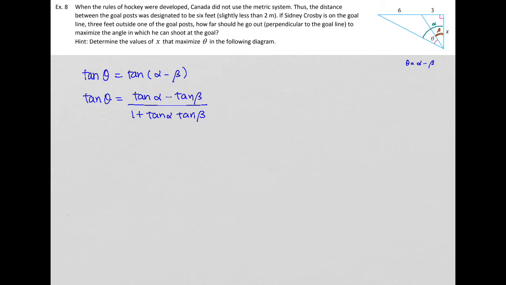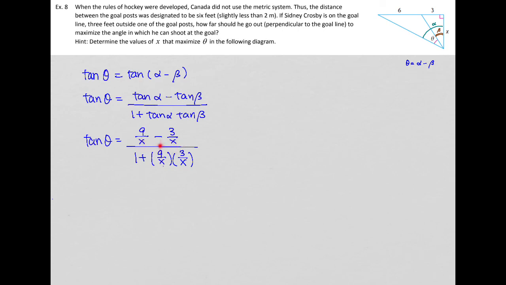And let's look at tangent alpha. Tangent alpha will be the opposite side, which is 9, over the adjacent, which is x. And tangent beta will be the opposite side, 3, over the adjacent side, x. Let's put those two ratios into our equation.